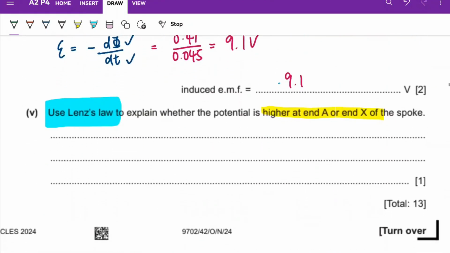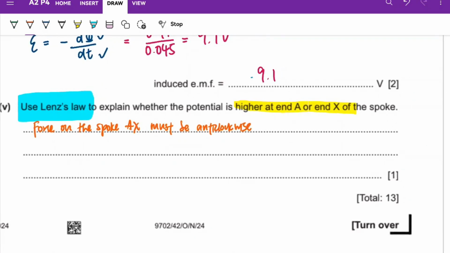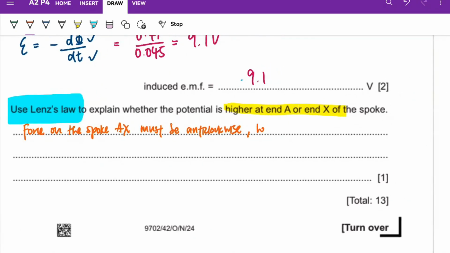first of all, we know that the force on the spoke AX must be anti-clockwise. Why? According to Lenz's law, you have to oppose it. Remember? Hence, current, I'm going to use short form here, but don't use short form in exam, okay?